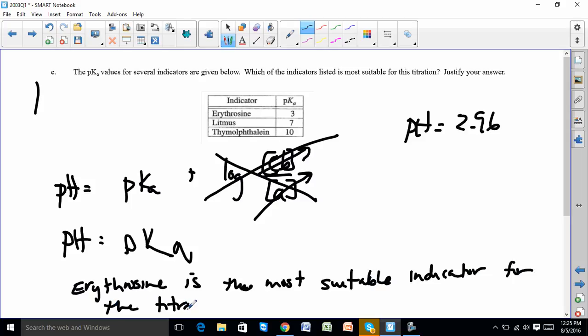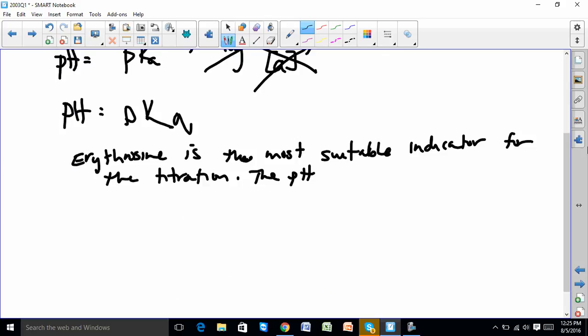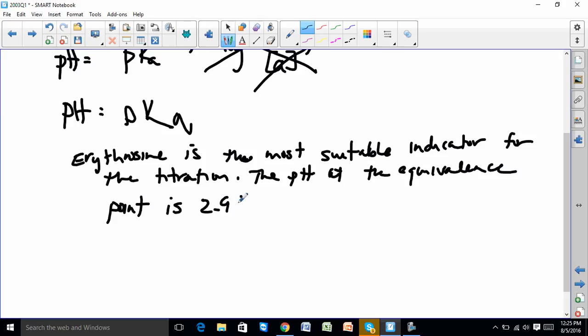Always answer the question first, and the reason is the pH at the equivalence point is 2.96.